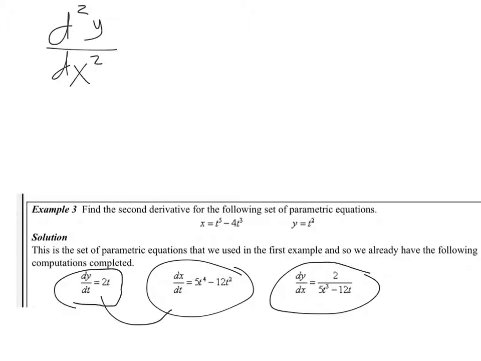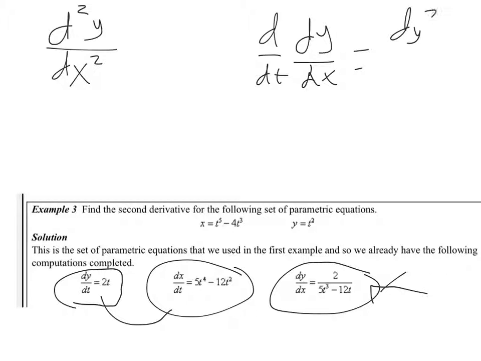Now, if we take the derivative of this guy, what we find is you have t inside the function. So what we do here is, if we've got dy over dx and we want to take the derivative with respect to t, you're going to get d squared y over dx times dt.